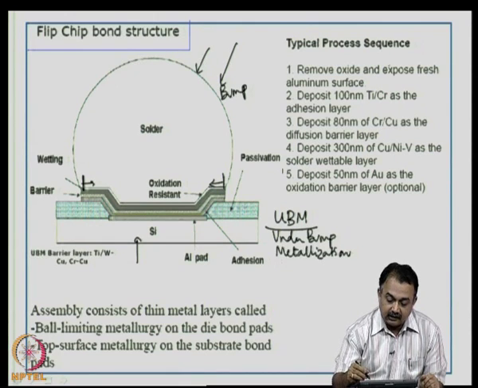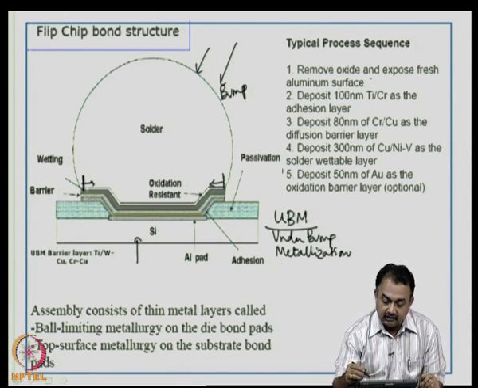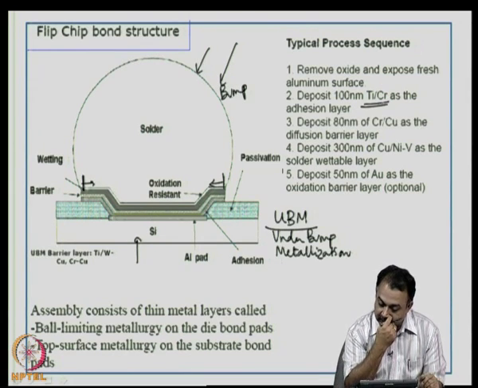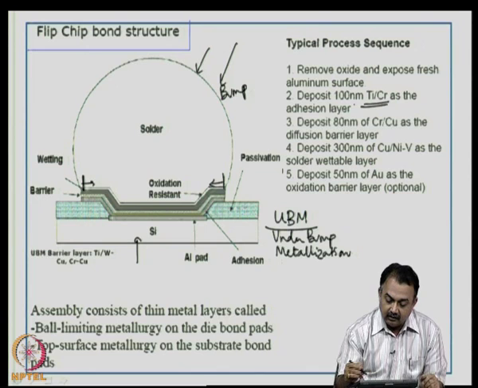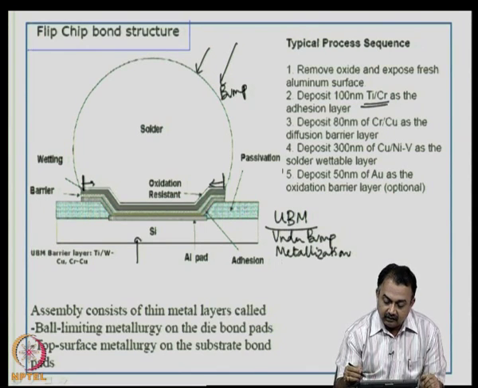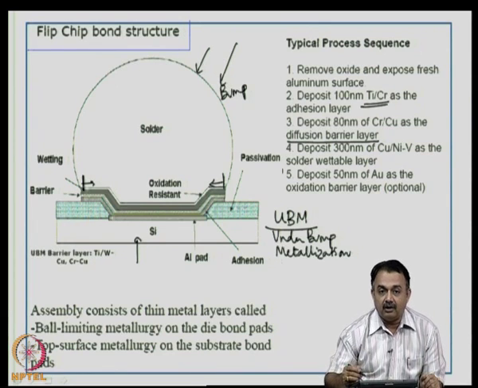Now, you remove the oxide and expose fresh aluminum surface, the conductor, and deposit the adhesion layer, a titanium or chromium combination. The thicknesses are given here. Then you use a barrier layer, because you do not want intermetallics to play a major role.